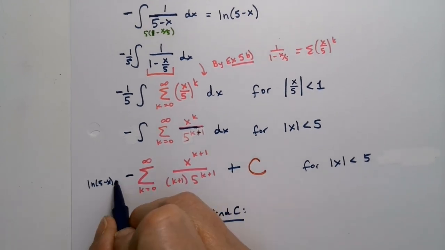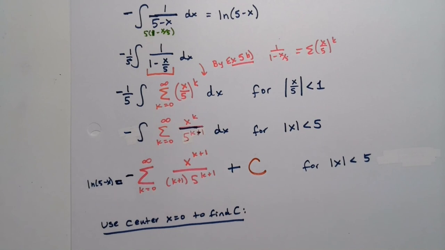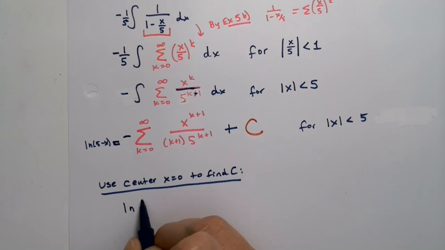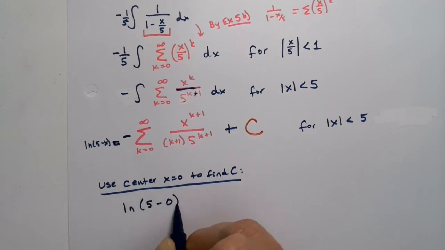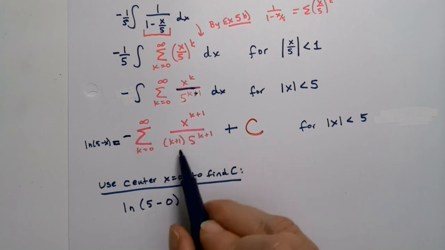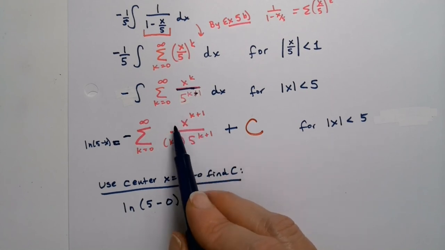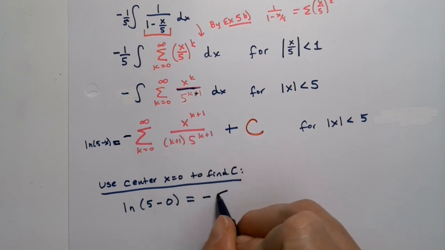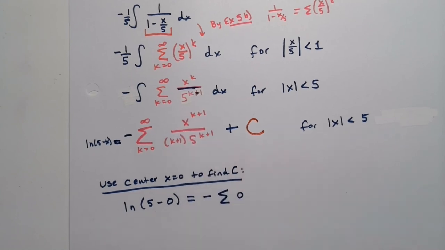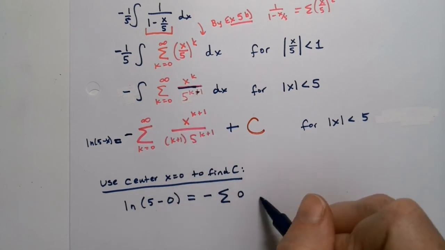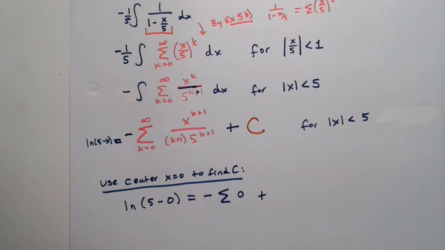So this is all equal to the natural log of 5 minus x. So let's substitute 0 in. So I would have the natural log of 5 take away 0 equals, and then I would put 0 in for x. But if I put 0 in for x, I'm not going to have anything here. So this is the negative of a giant sum of 0, right? Because every single term will be 0 because you're letting x be 0, plus c.